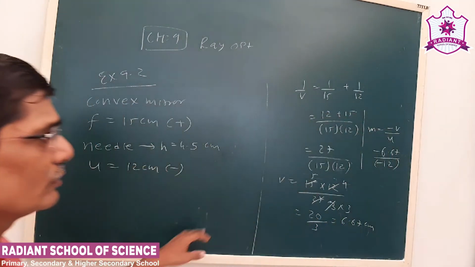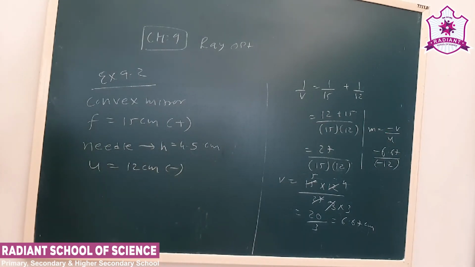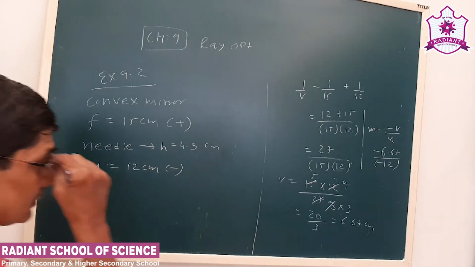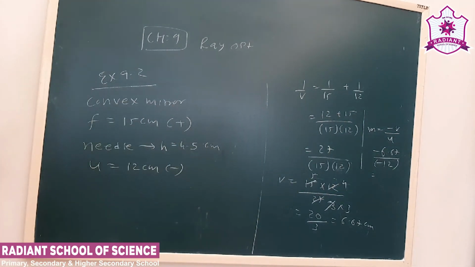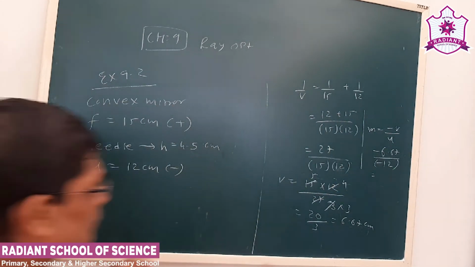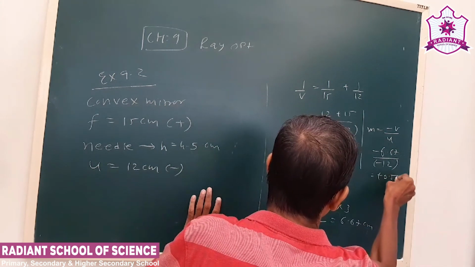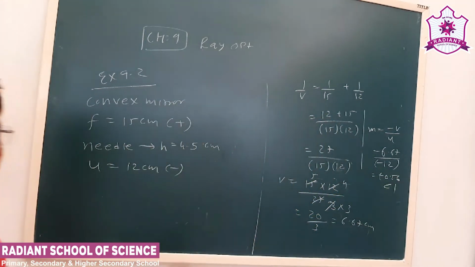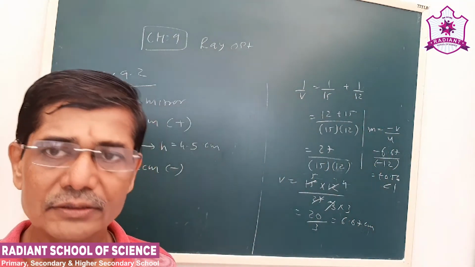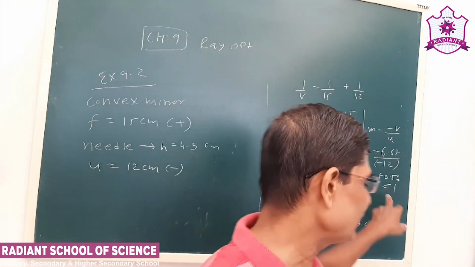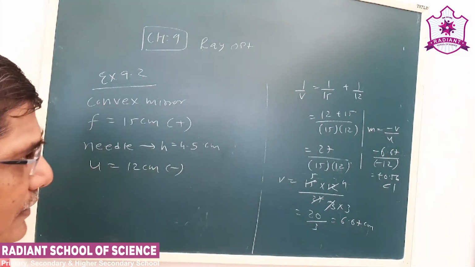So we get M as positive, about plus 0.6, which is less than 1. The image formed by a convex mirror is always smaller than the object, so that's why the magnification is less than 1.